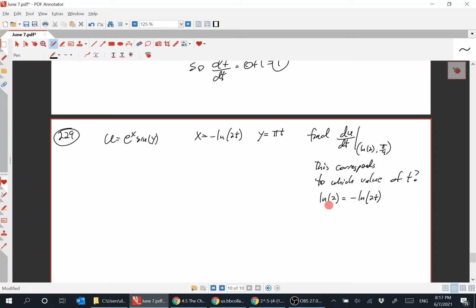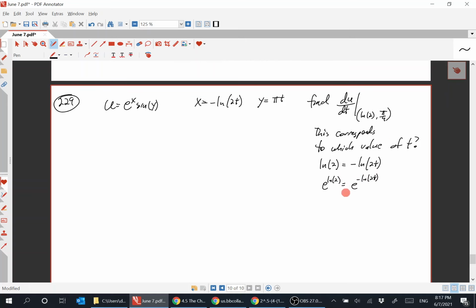So you have e to the natural log of 2 is equal to e to the minus natural log of 2t. So this becomes 2, and then this becomes 1 over 2t. So t is 1/4.